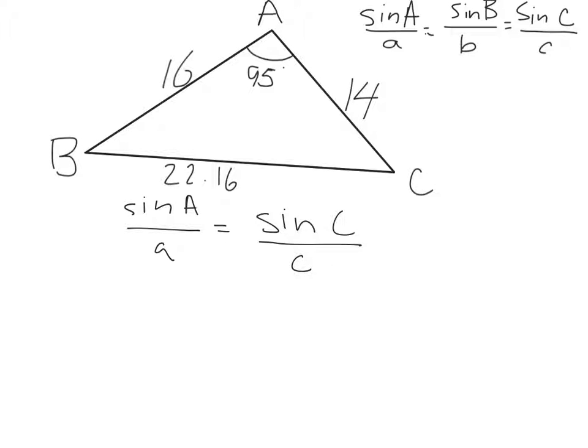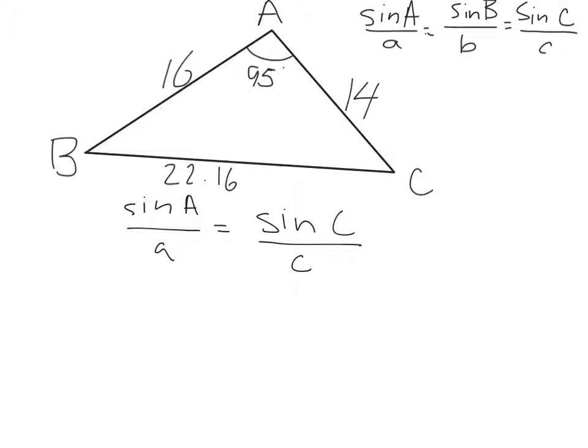It can be written both ways, but I like to do it this way because we're looking for angles, and it's easier to find the angle if the angle is on top. But we could write it the other way around: a over sine of A equals c over sine of C.